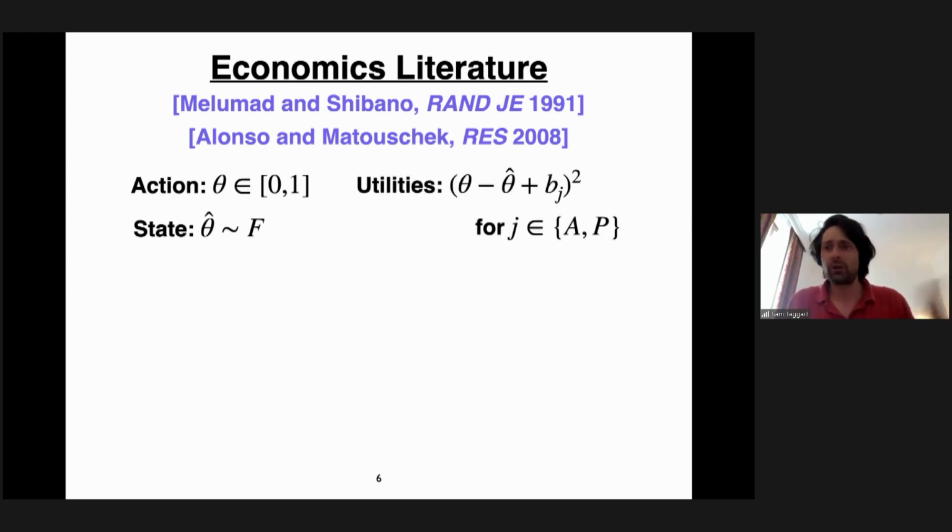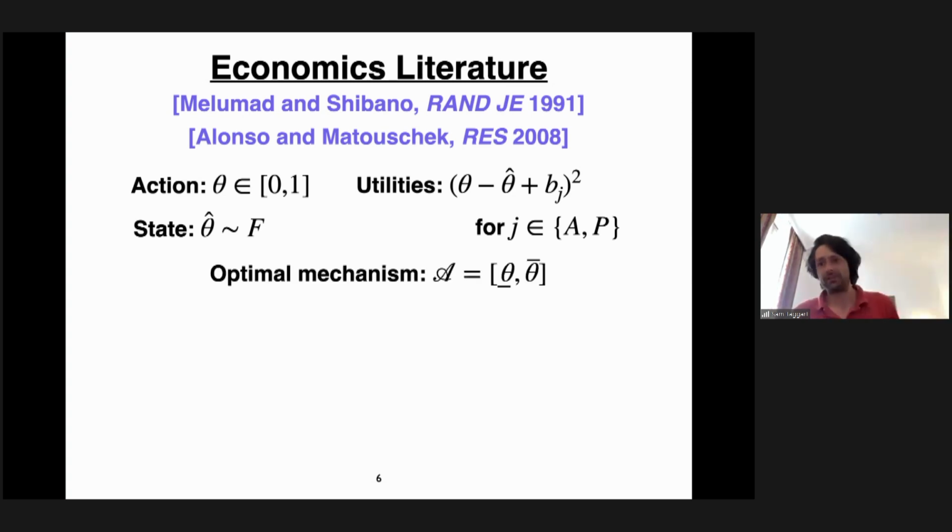And they consider single peak preferences, or in particular like quadratic loss preferences, where both the agent and principal have some bias that nudges their preferred action one way or the other. And the classic result in this area is that the optimal mechanism is an interval. So the principal says you're allowed to choose from here to here, pick your favorite.